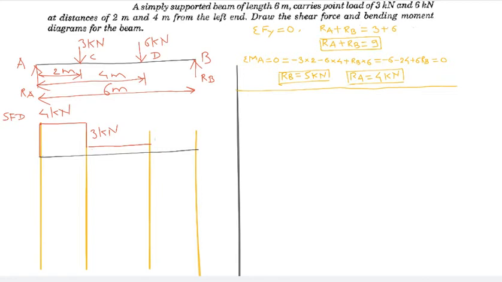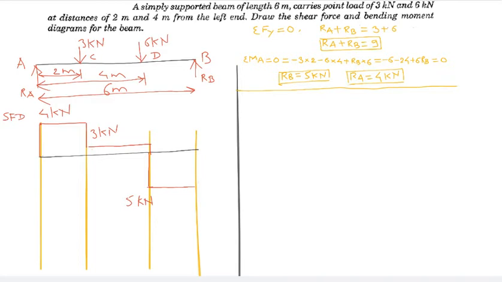So this will cover 1 kilonewton. The rest of the 5 will be below the beam line, like this. So this is 5 kilonewton. As there is no force between D and B, the diagram will remain horizontal.